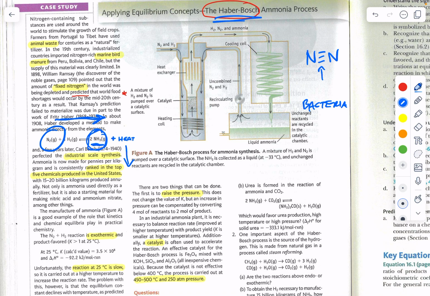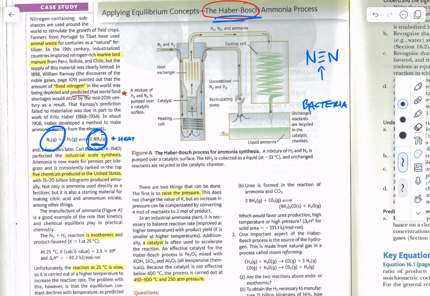The problem is, the colder the reaction, the slower the reaction. Remember kinetics. That's another thing you have to take into consideration. The colder the reaction environment, the more slowly the particles collide together. So cooling it down is not going to work. In fact, it's going to be counterproductive.